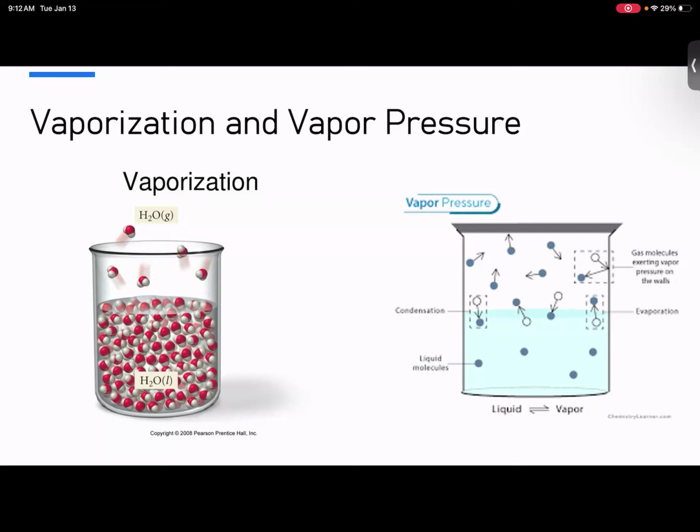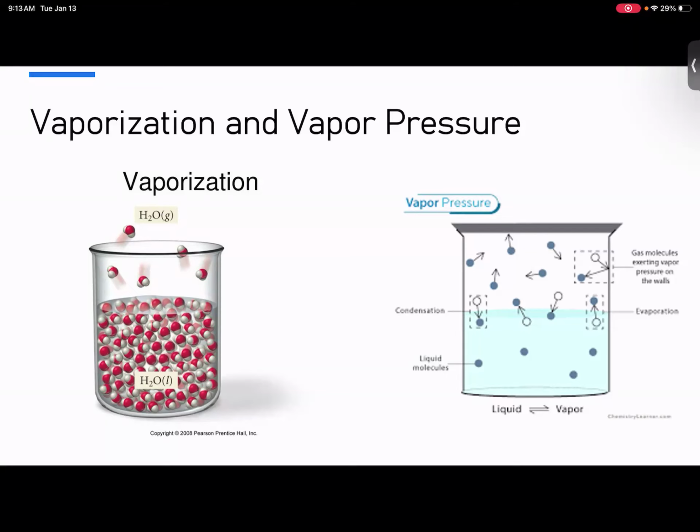When they collide with the surface, a portion of their energy is given off to that surface, and that is where we get our vapor pressure. Now, once they collide with the surface, they are going to move in another direction until they collide with another surface or another substance, where they're going to give off some more of their energy.